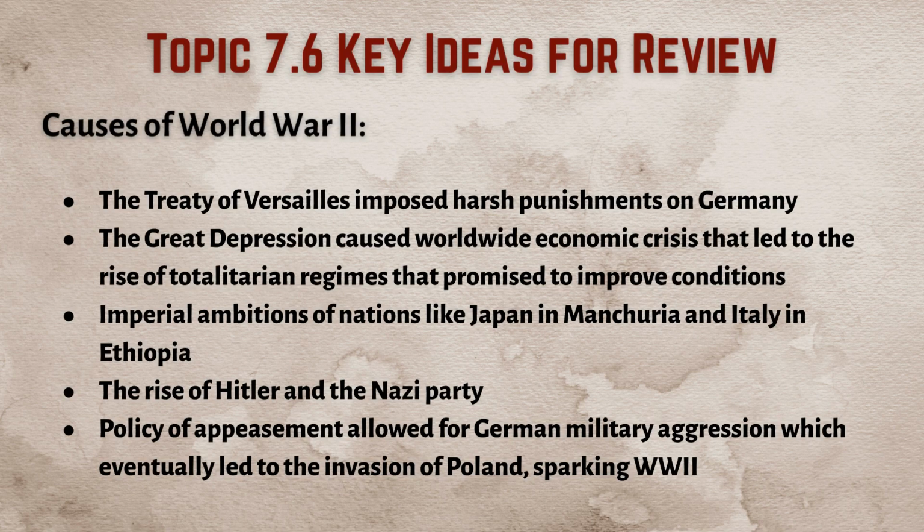Third, expansion by these countries was often met with weak or delayed responses from the international community, especially from organizations like the League of Nations. Finally, all of these factors, economic hardship, political instability, aggressive leadership, and lack of enforcement, combined to create the conditions that led to World War II. As you review this topic, focus on how these causes are connected and how they build on one another over time.